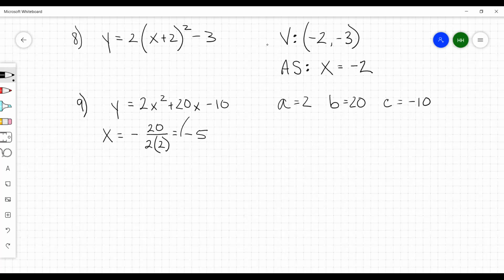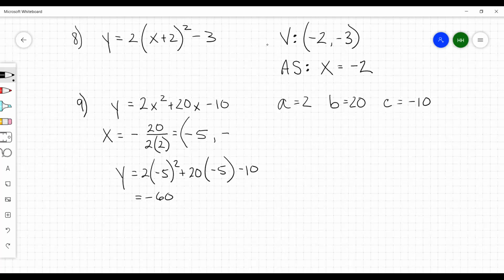So that's your x at the vertex, and then we substitute. Negative 60.